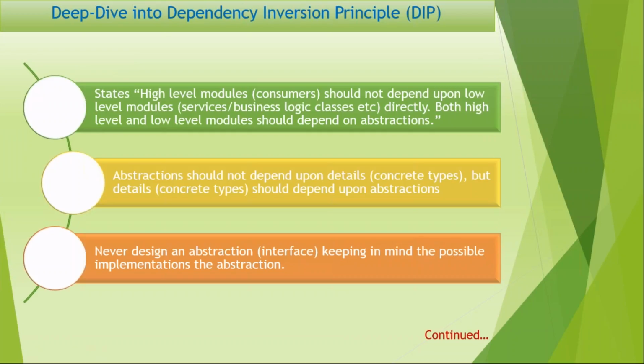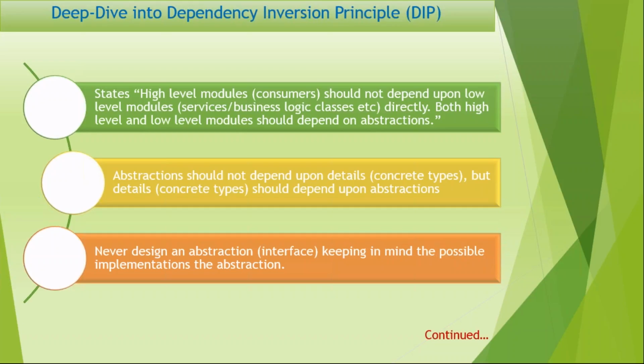Let's get into the next principle, that is the dependency inversion principle. Guys, this is just a principle. I'm not going to use any inversion of control containers, like Unity or StructureMap or Castle Windsor, and I'm not going to explain dependency injection. What I am trying to explain here are the principles.